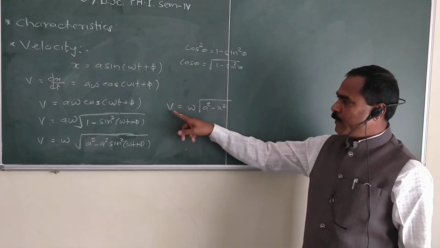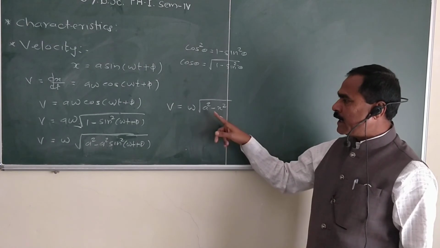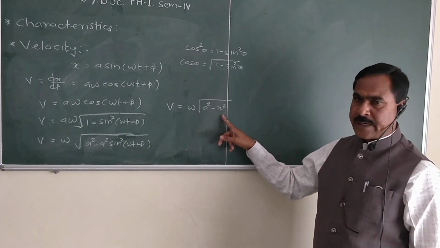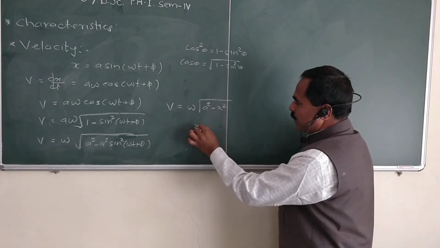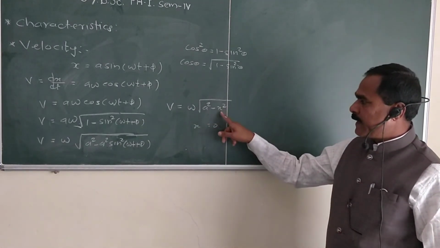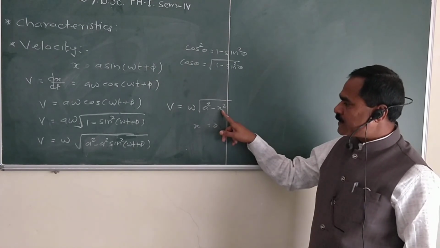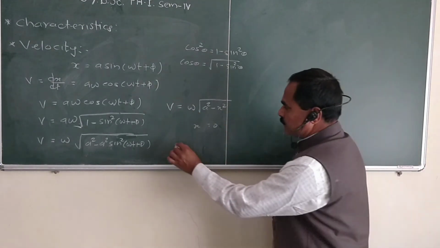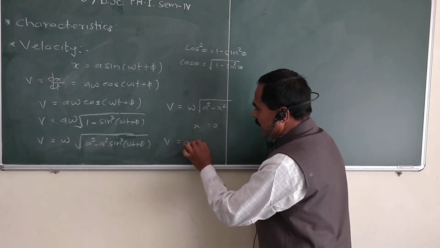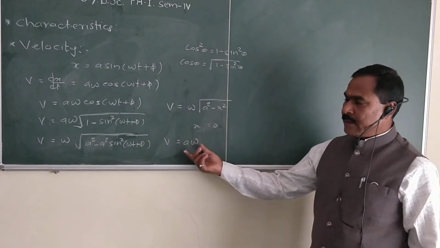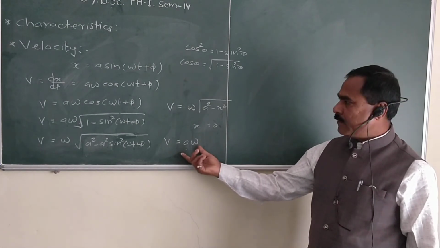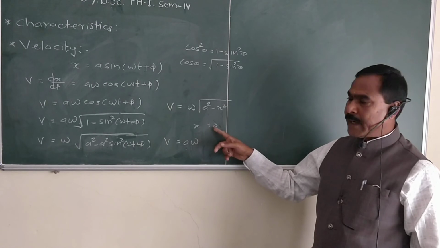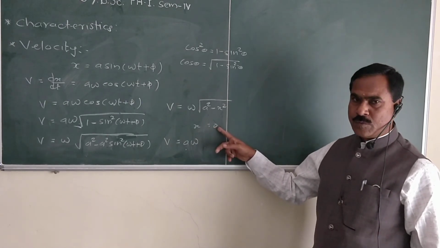Okay, that means velocity depends upon the amplitude and displacement of the particle. So if we take x equal to 0, then what happens? If we put x equal to 0, then we get v equal to a omega. It is the maximum velocity, when the particle is at position x equal to 0.